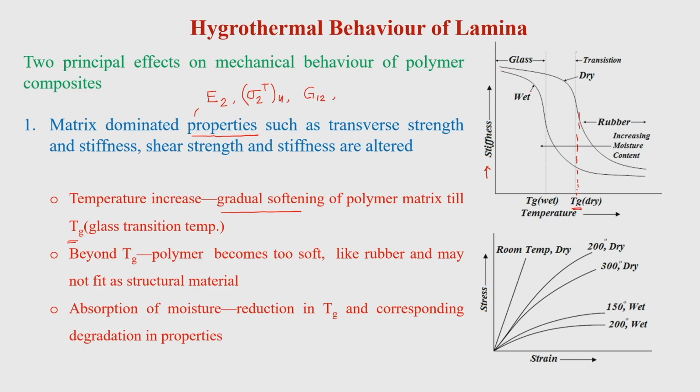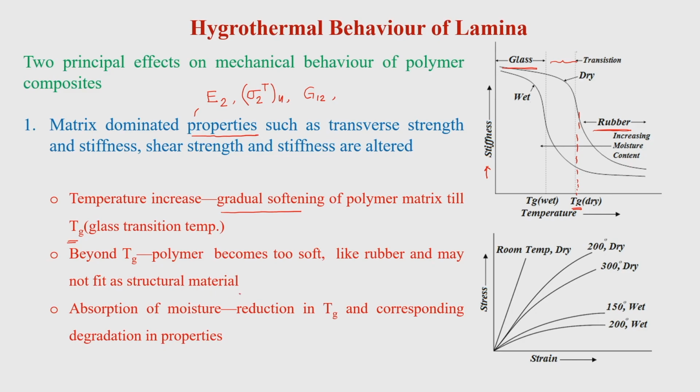So, softening takes place, but after this glass transition temperature, the polymer becomes too soft and it behaves like rubber. Here it is like a glass, and this is the transition region. Beyond glass transition temperature, it becomes too soft like a rubber, and it is not suitable to be used as a structural material.